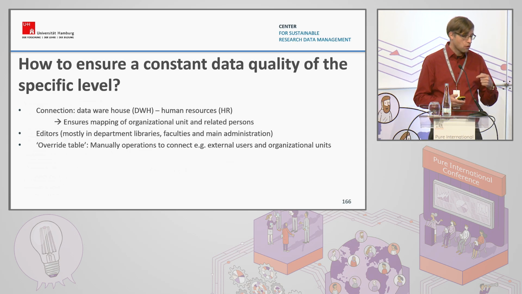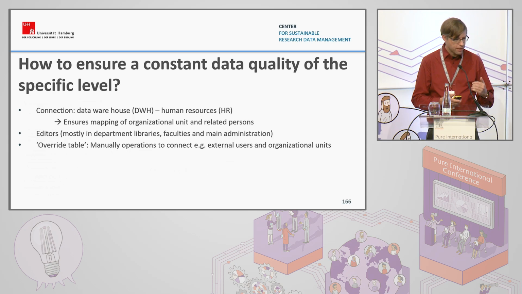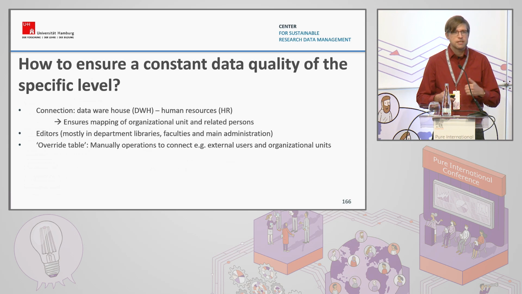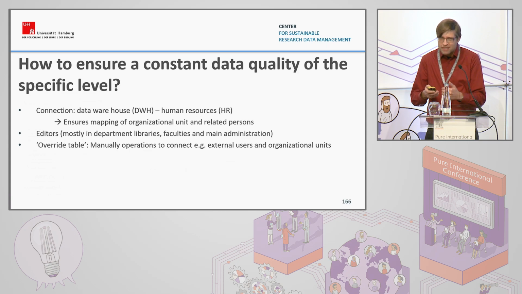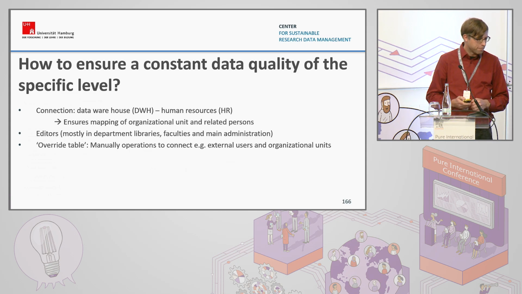And it ensures also a kind of mapping of the persons to this, as Lisa mentioned, organizational unit, because the university should know which person should work where, but often it isn't the case.